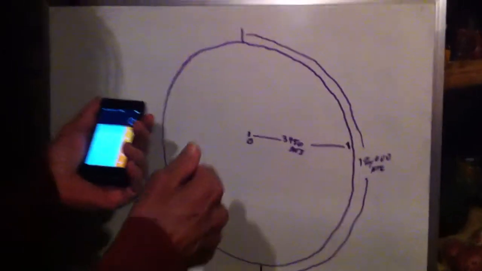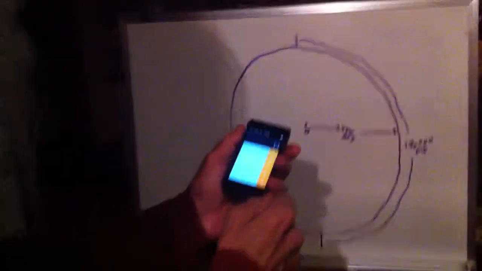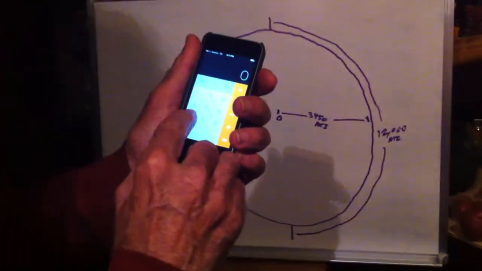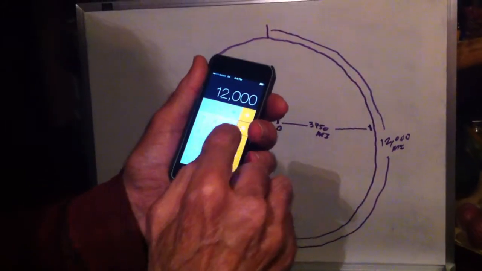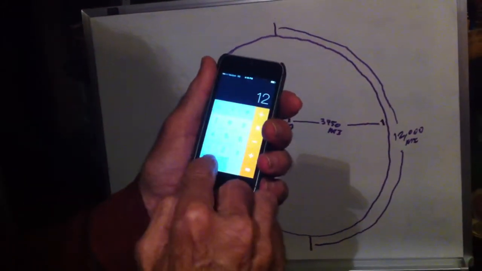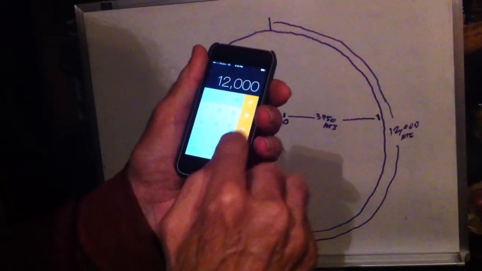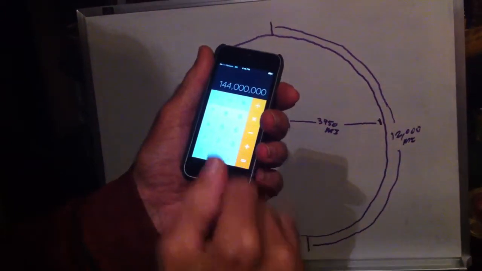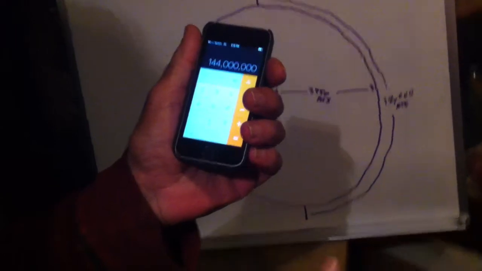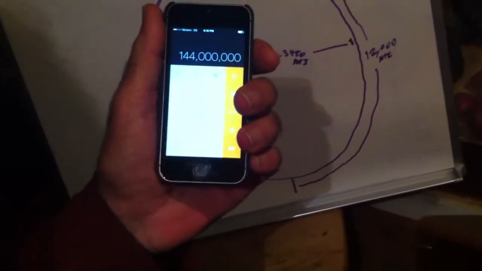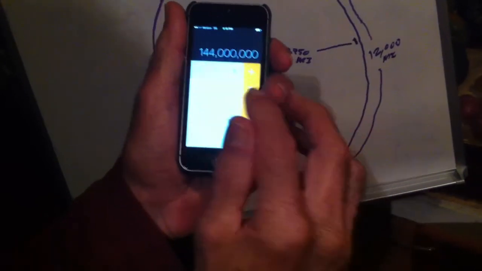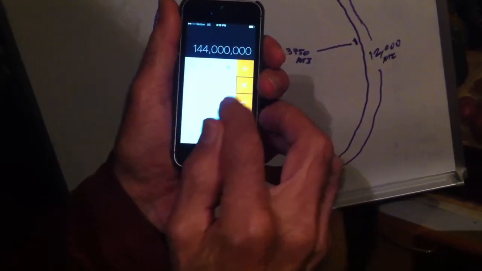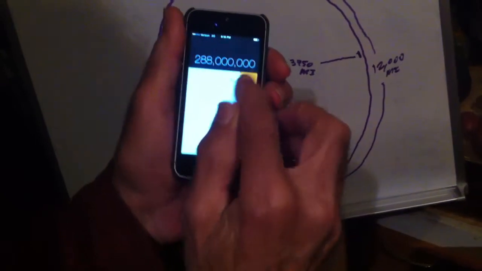So let me go ahead and put my calculations in here. It's 8 inches per mile squared, so 12,000 times 12,000 equals, okay, and we're going to take this down to 8 inches now, so we're going to go times 2 divided by 3.